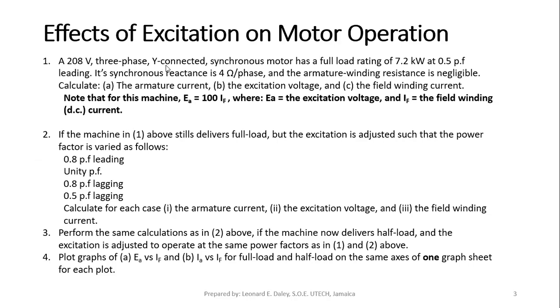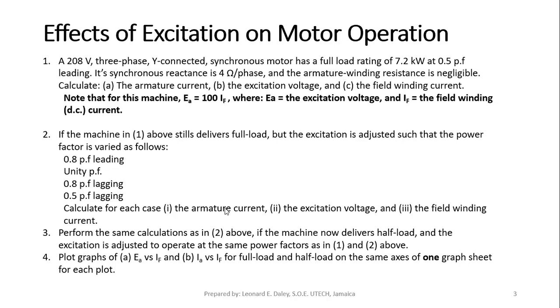All right, so we're asked to look at that first for 0.5 power factor. Then later on, we're going to be looking at it at different power factors, both leading and lagging. And for each case, we're going to be working out armature current, excitation voltage, and field winding current.